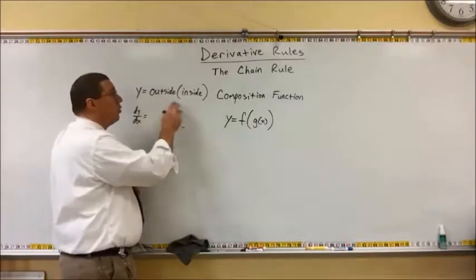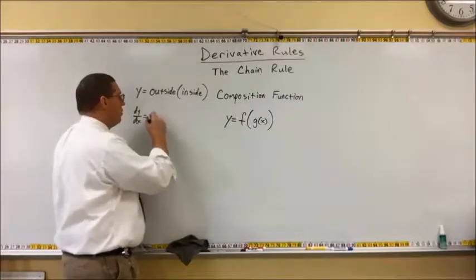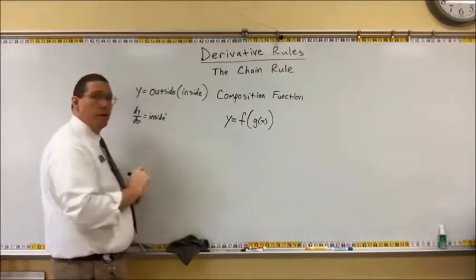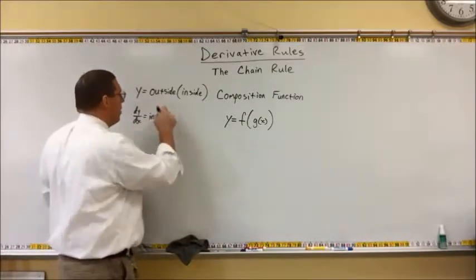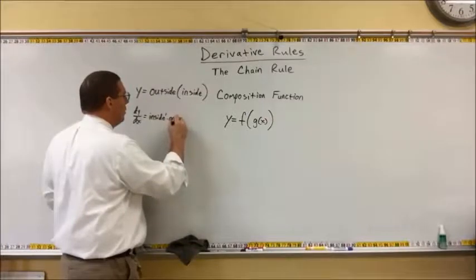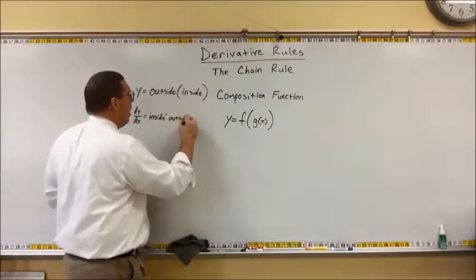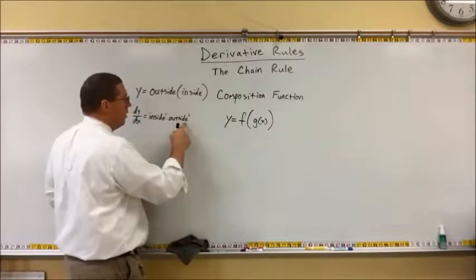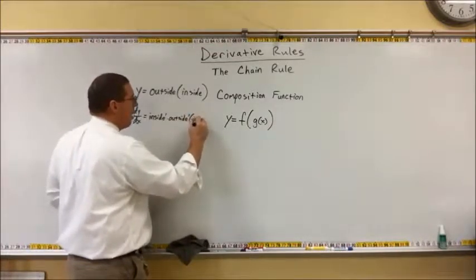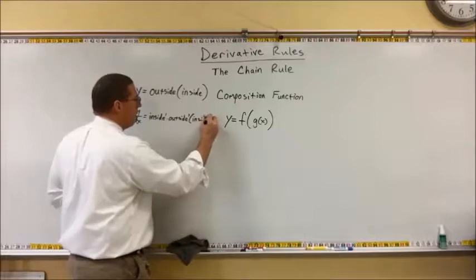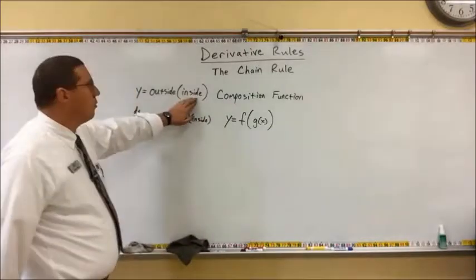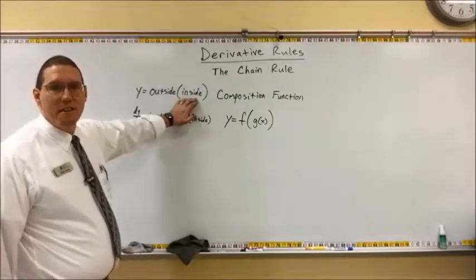First, you're going to do the derivative of the inside function. So we're going to do inside prime times the outside function prime of the inside function. Here's what I mean by that. First, you're going to do the derivative of whatever function is inside the function.